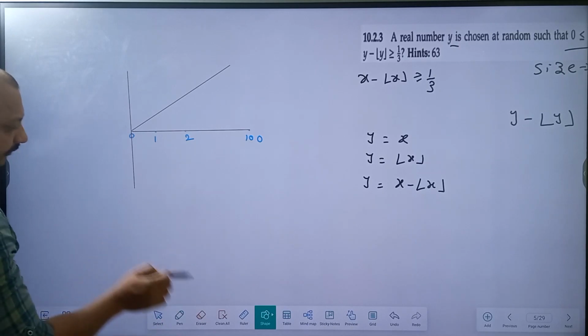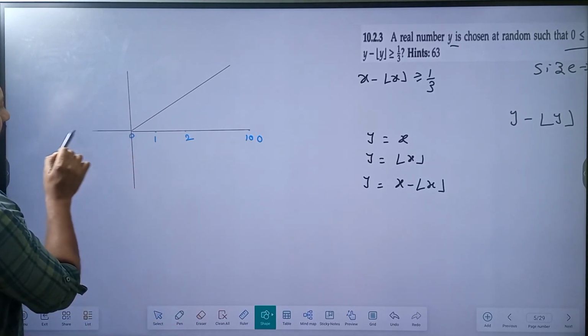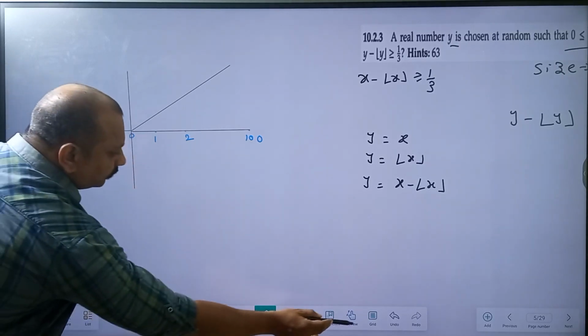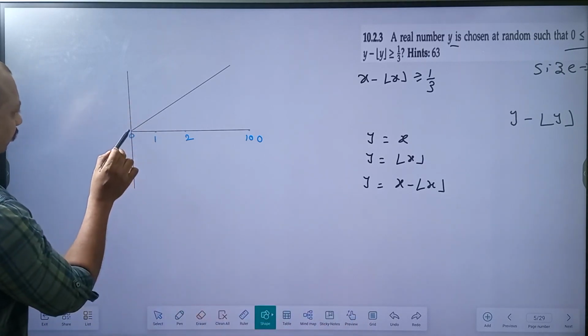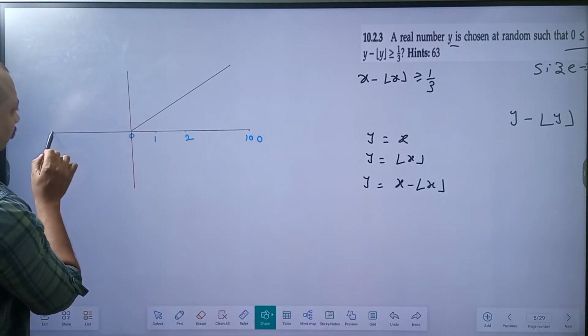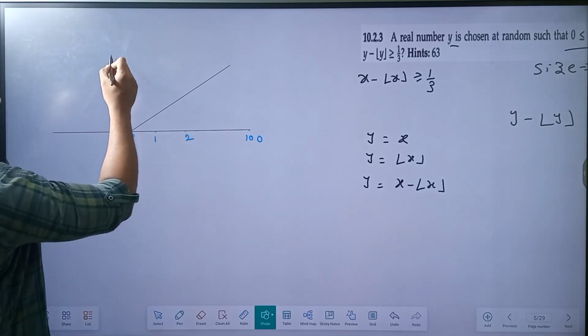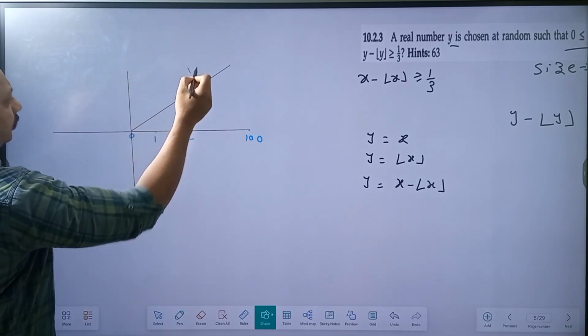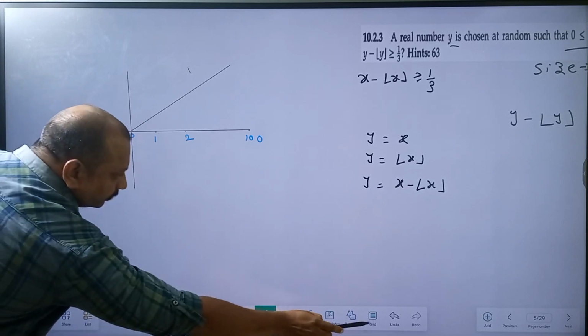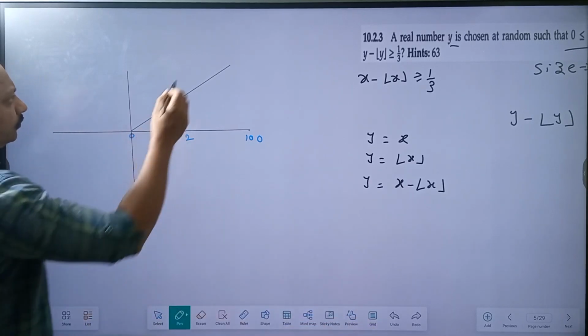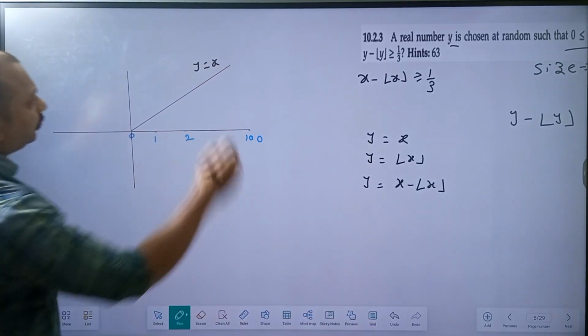Okay, x-axis to y-axis, nothing is there. This is the line y equal to x.